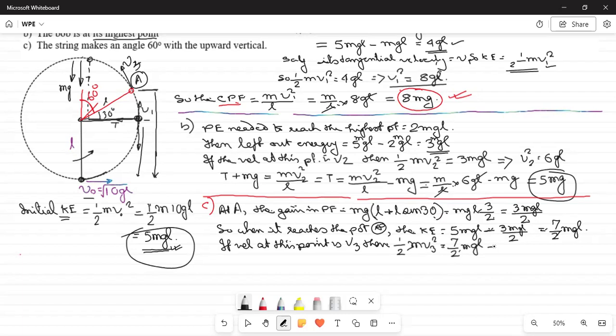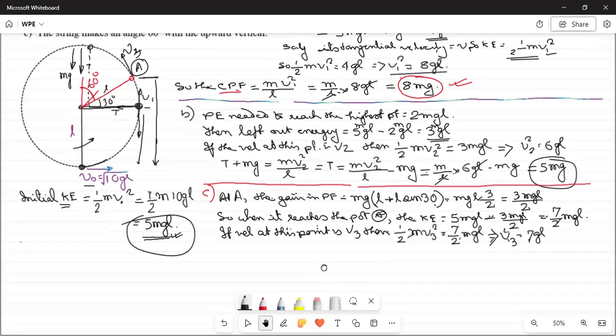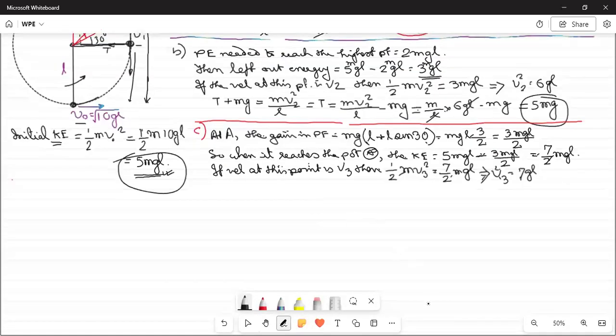From this, you can find out v3 square is equal to 7gL. I shall take a little bit more space. That's right. So v3 square is 7gL. We have got.